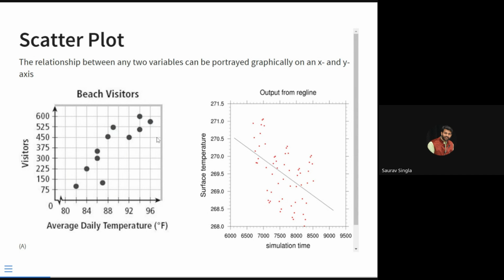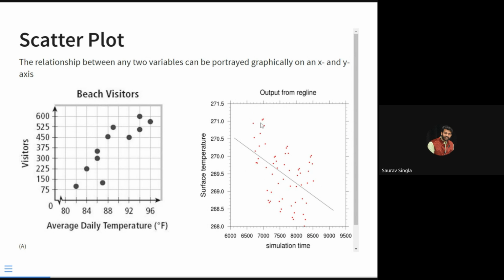So you have the data on X, you have the data on Y, and using the data on X and Y, we can make this plot. In a similar manner, you can see this one. Here there is a lesser number of data points, hardly 11. Then there are more points. This is how a scatter plot looks.